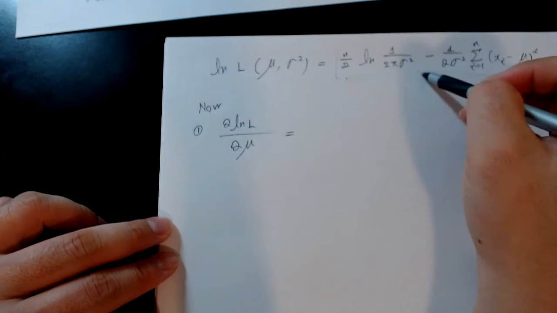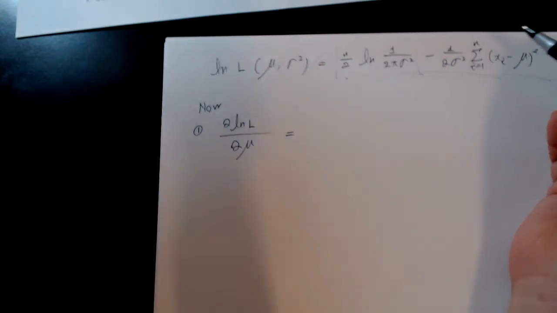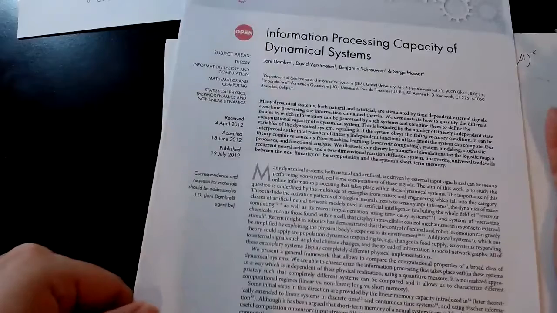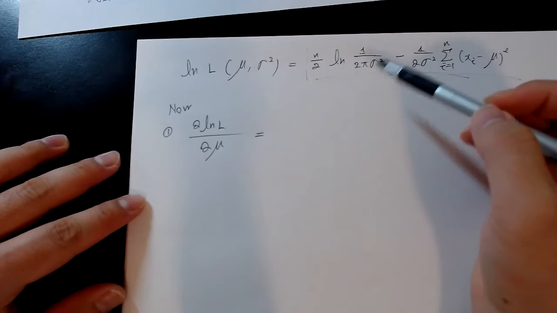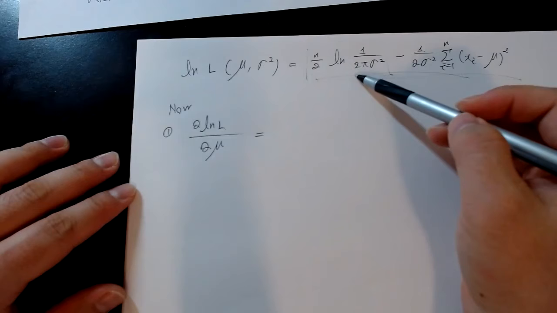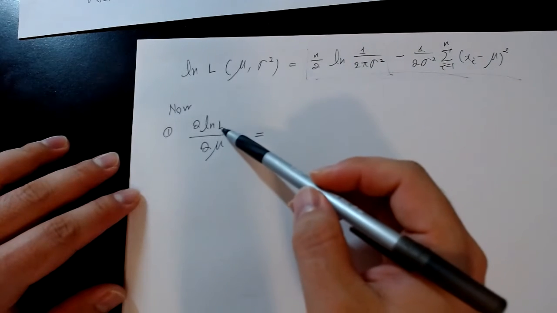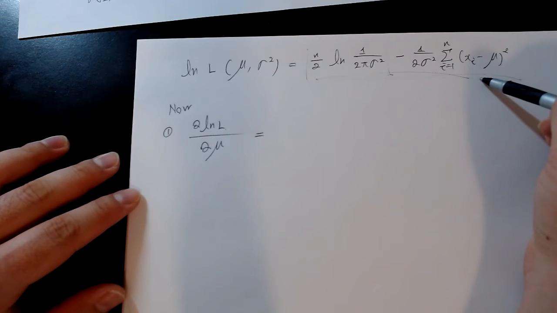This first term is just gone, right? Because the first term does not involve mu. Okay, give me a second. So since mu is not involved in the first term, the first term is just gone when you take a partial derivative of natural log L with respect to mu. Now the second term, we're gonna get what?